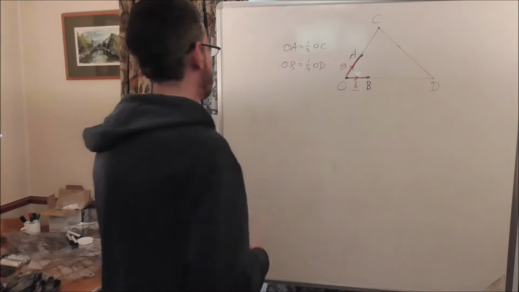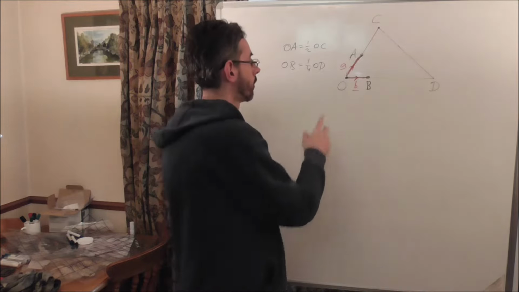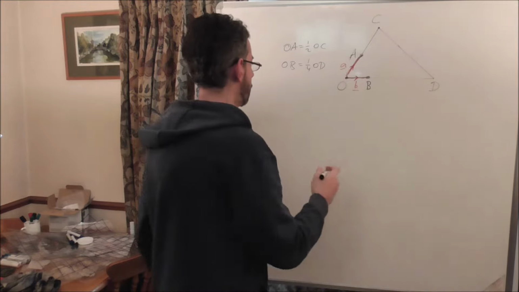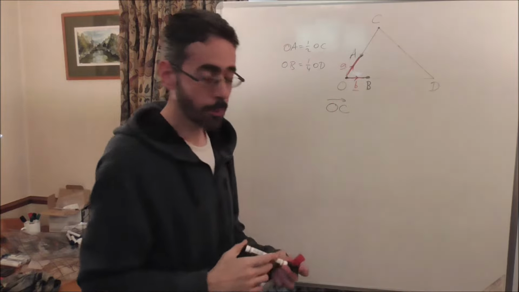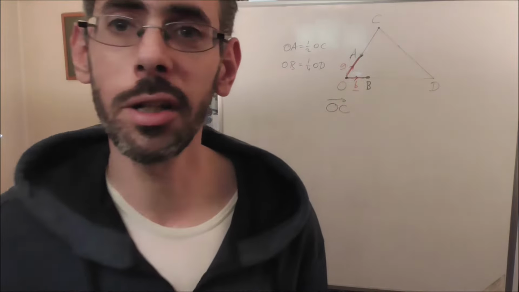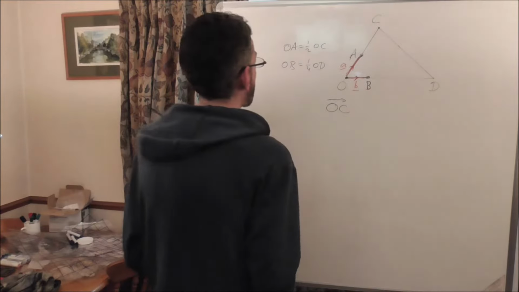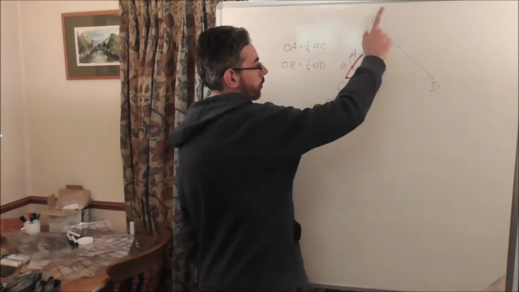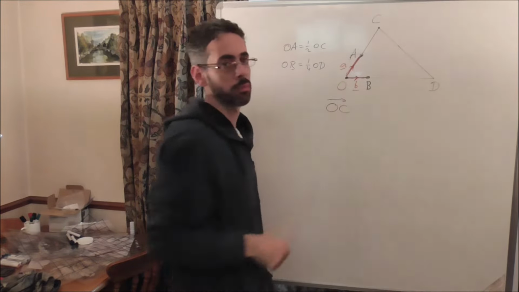So let's try and go from point to point and describe the vectors. First of all, let's do O to C. Can we describe that journey just using little a or little b? Well, the journey from O to C is double the journey from O to A and in the same direction.